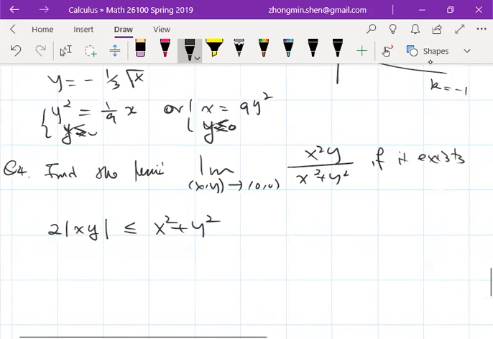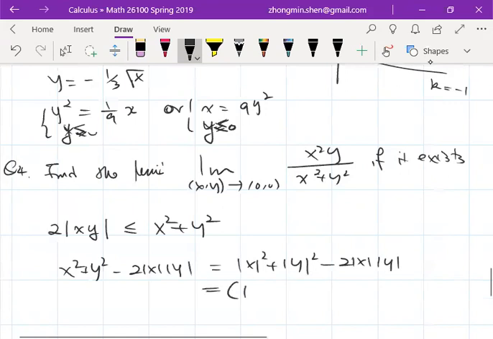Why is this true? I think it's called the Schwarz inequality, and it's trivial because x squared plus y squared minus 2 times absolute x absolute y, and everybody knows that this is going to be 0.